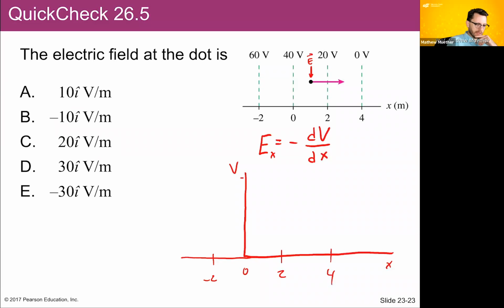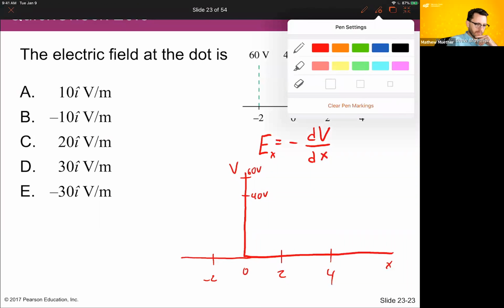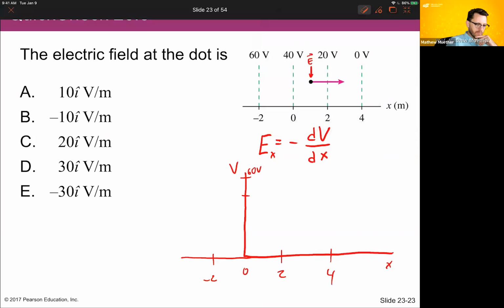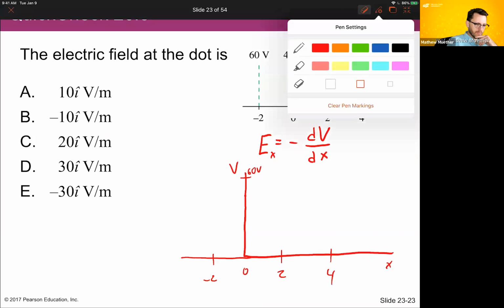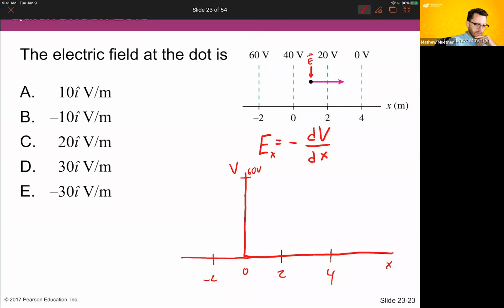And I start at 60 volts, and then I go to 40 volts, 20 volts, 0 volts. So let's go ahead and plot this.